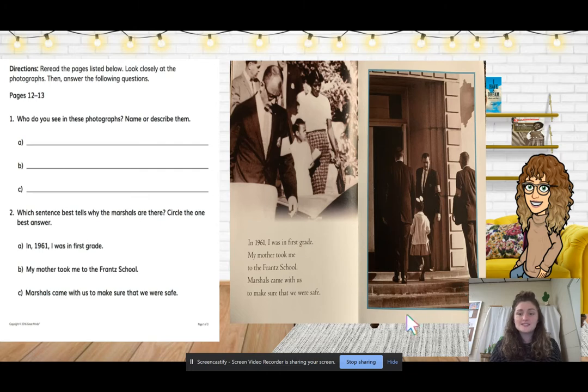Write a complete sentence about the details you see in the photograph. Tell me in the puzzle. So one big detail that I see is that Ruby and the marshals are walking into the school building. The photographs show us the school building, and they also show us the U.S. Marshals and Ruby walking into the school building. So the pictures match what is happening in the text.